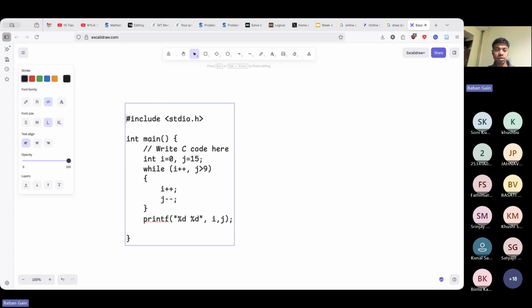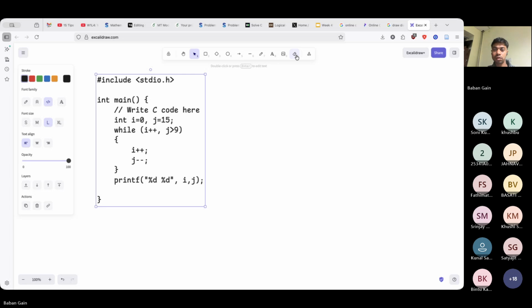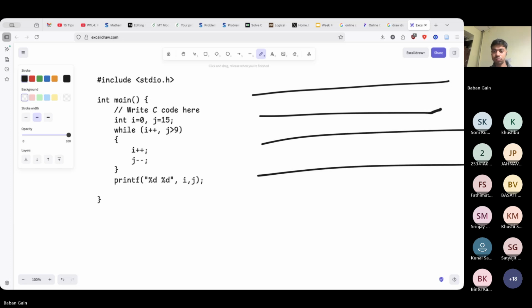Let's say we have some table to write the iterations. Let's say this is the iteration, this is i, and this is j.